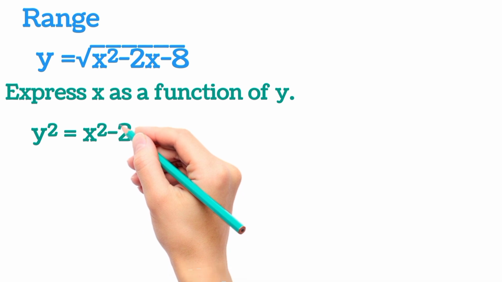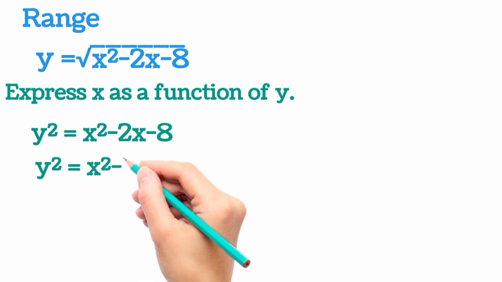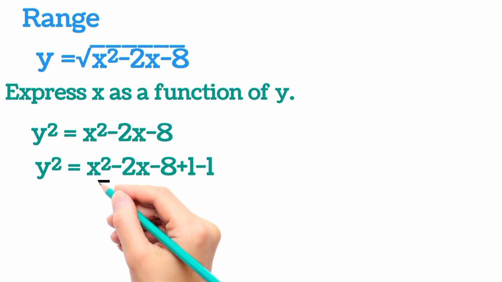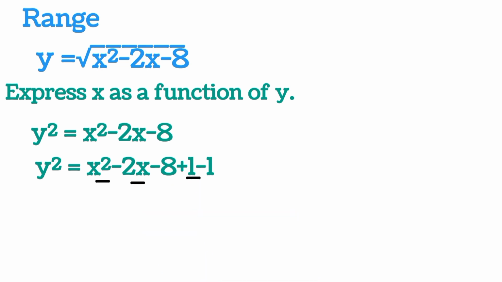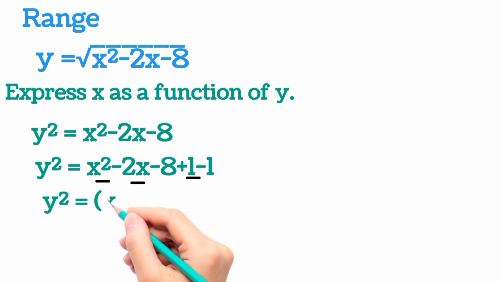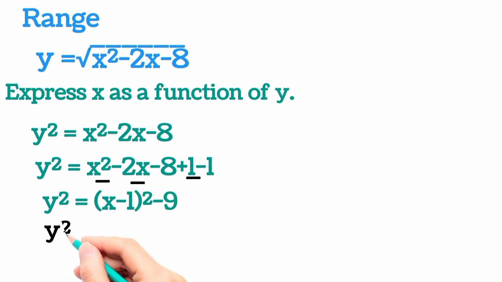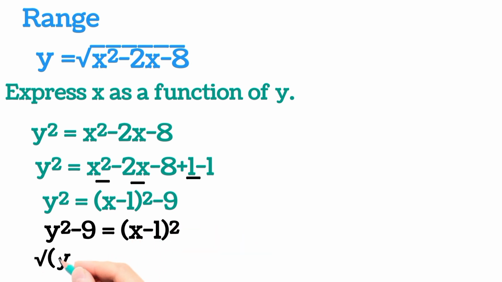So y² = x² - 2x - 8, or this can be written as y² = x² - 2x + 1 - 8 - 1... Now x² - 2x + 1 can be written as (x - 1)², and -1 - 8 will be -9. So y² + 9 = (x - 1)², or square root of y² + 9 = x - 1.